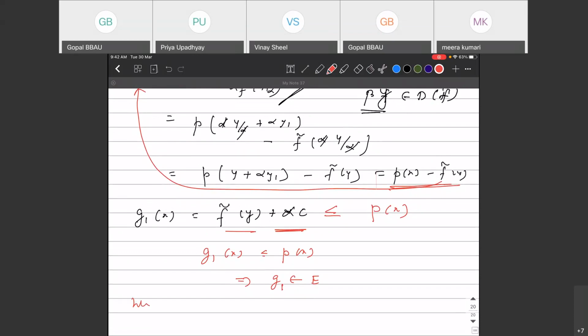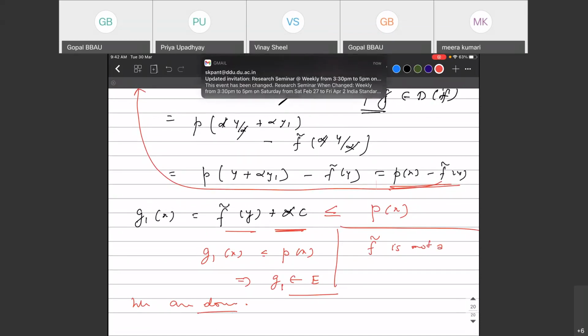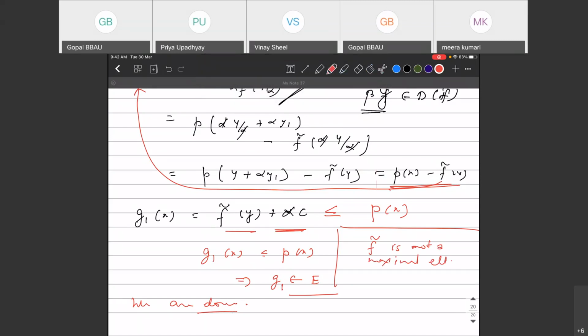So we are done. This is what we wanted to prove, because after this point, we will get that f tilde is not a maximal element. So our assumption was wrong.